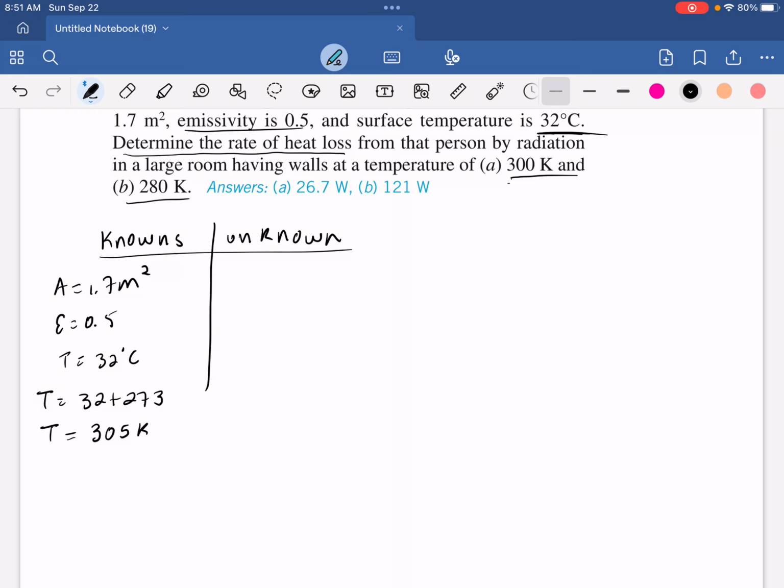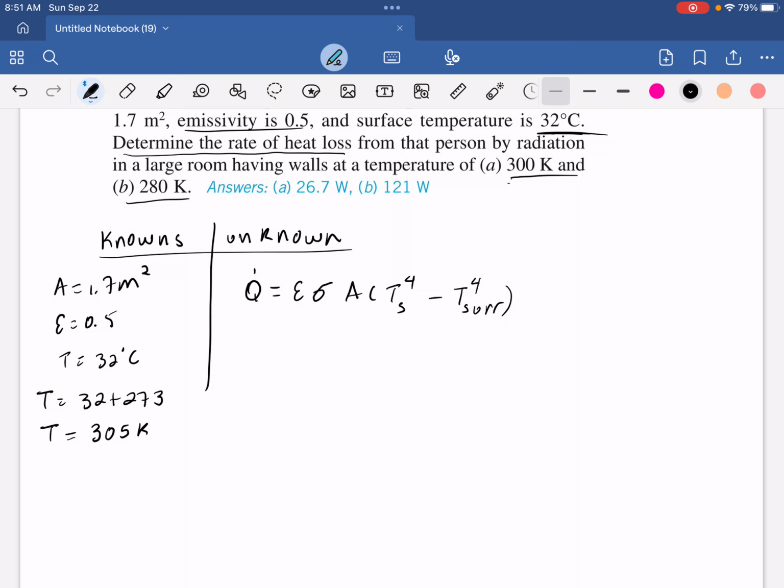I do need to determine the rate, which is Q dot, and the formula for radiation is this: the temperature of the surface raised to the fourth minus the temperature of the surrounding area or environment raised to the fourth. At this point it's just a matter of plugging in.